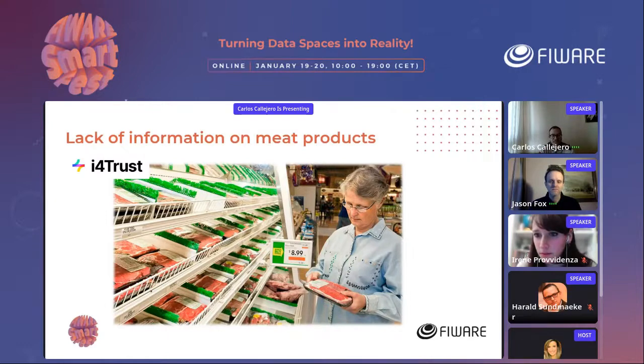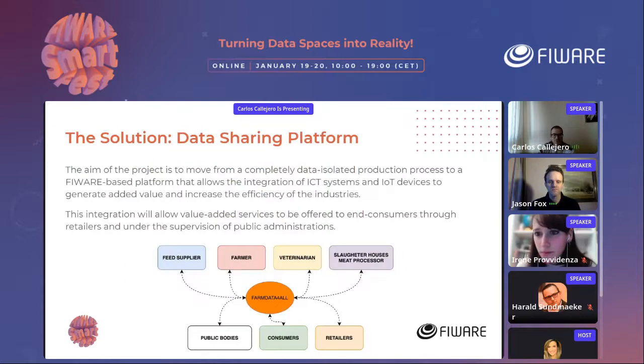Well, the objective of the project is to develop a data service platform to connect all these agents, allowing data sharing and trying to offer them higher value added services.